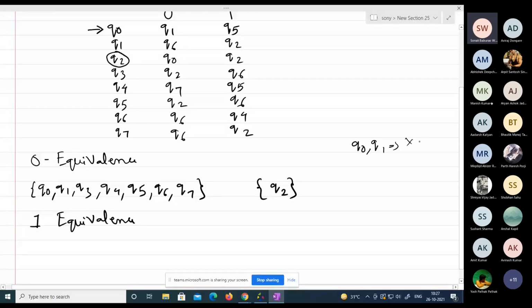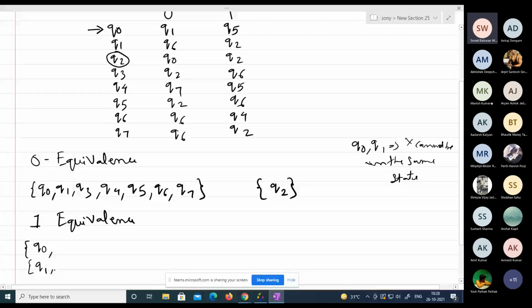It means they cannot be in the same state. But we know that Q naught is the initial state, so we have to put it somewhere in a set. Q1 is not in the same set as Q naught, so I'm creating one more set for Q1.